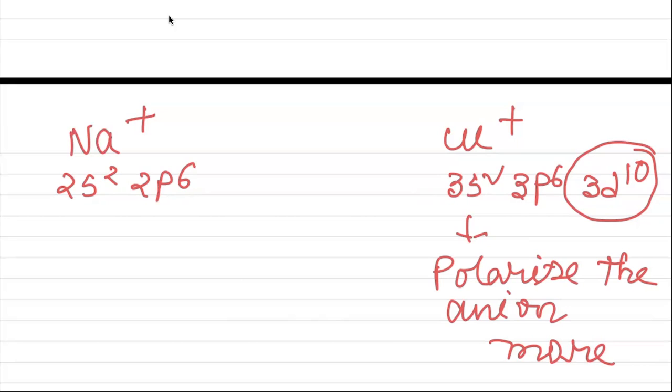Both octets are fulfilled, but the cation which has 18 electrons in its outermost shell will have more polarizing power than the cation which has 8 electrons in its outermost shell.